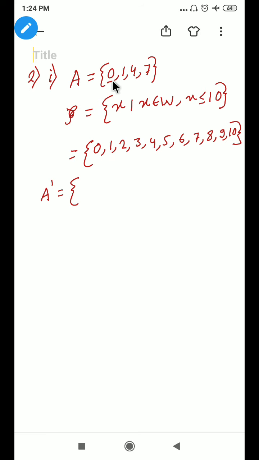First 0 is common, 1 is present here, 4 is also present here and 7 is also present here. So in A dash you have to write down those elements without the elements of A. These are 2, 3, 5, 6, 8, 9 and 10. Clear? So this is called the complement of the set.